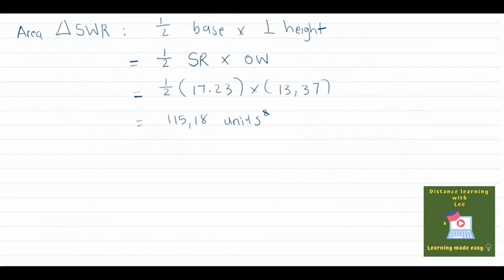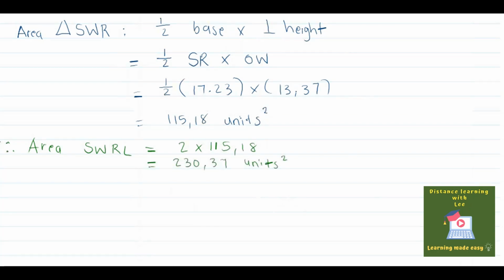Therefore, the area of the parallelogram SWRL is equal to 2 times 115.18, which is equal to 230.37 units squared.